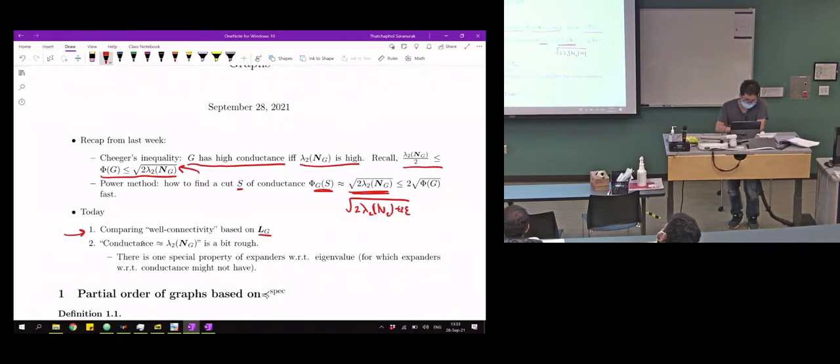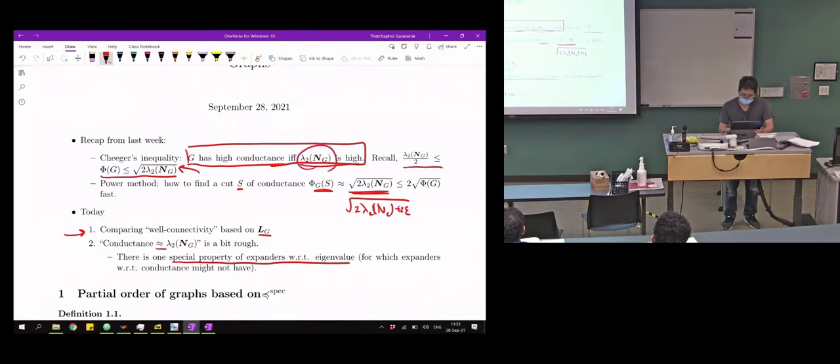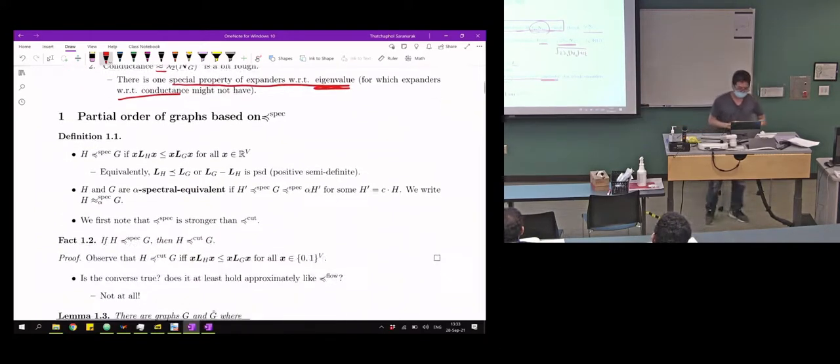The next thing is that although this message, that the graph has high conductance if and only if the second eigenvalue is high, is a bit rough, there is some special property of expanders when the graph has high eigenvalue that it satisfies, but it doesn't really satisfy when the graph has high conductance. So there are some details where they are different.